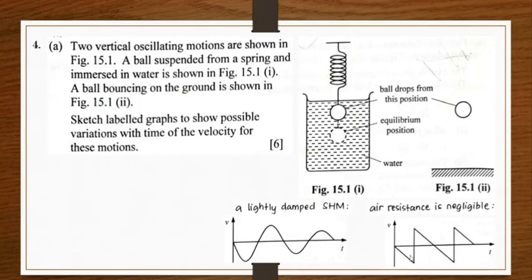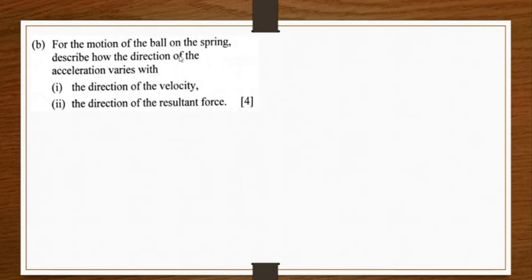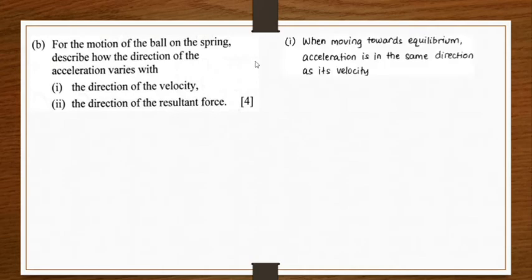B. For the motion of the ball on the spring, describe how the direction of the acceleration varies with the direction of the velocity. When moving towards the equilibrium position, the ball's acceleration is in the same direction as its velocity.